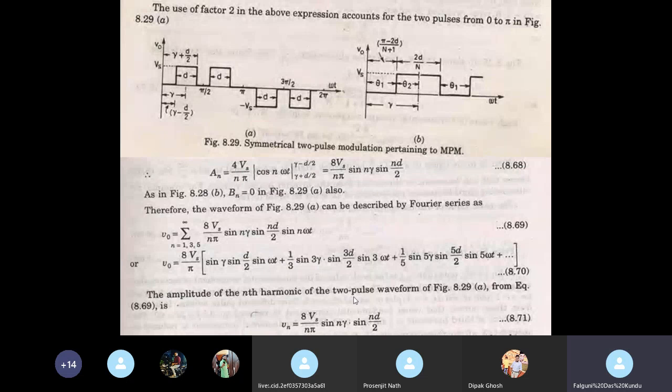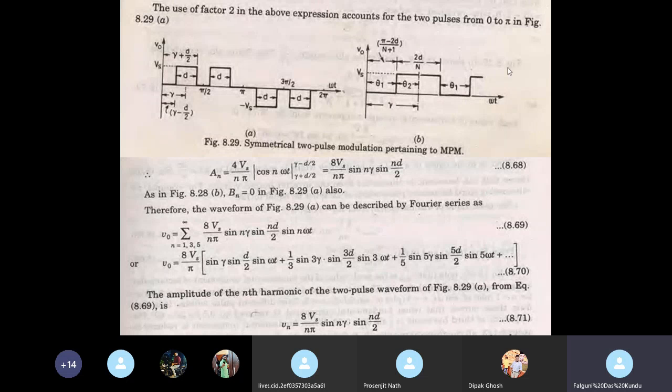V0, Vn, and so on, okay? After the conversion, we get that this is off for θ1, then this is on for 2D by N, okay?